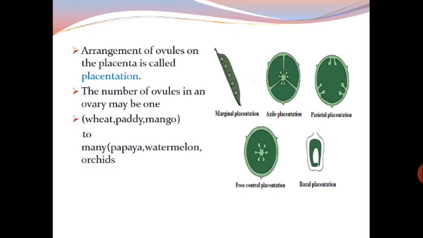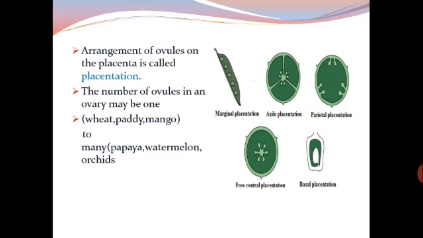The arrangement of ovules on the placenta is called placentation, which you have already studied in your previous years. Depending upon its arrangement, there are different types of placentation like marginal placentation, axial placentation, parietal placentation, free central placentation and basal placentation.